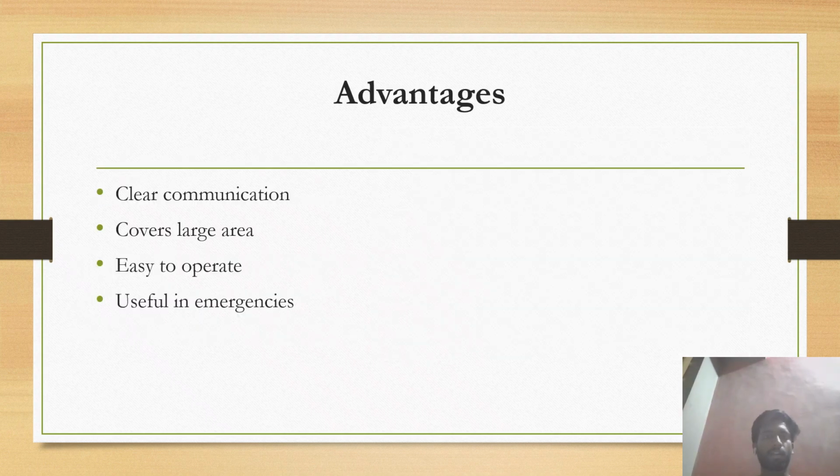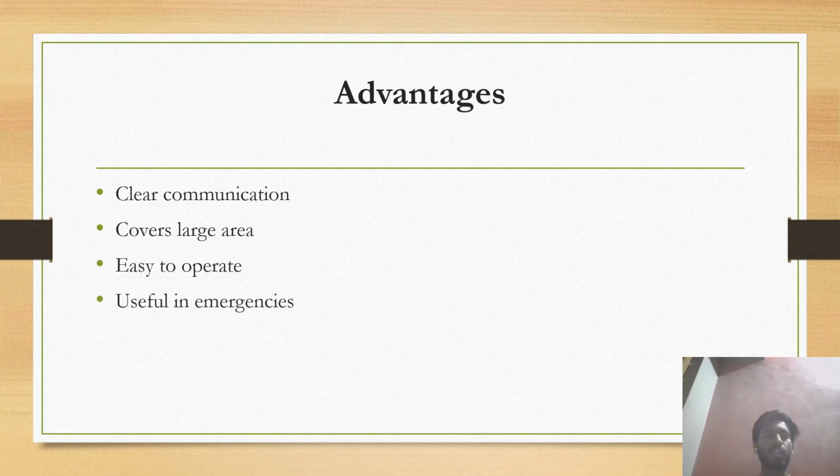Let us see the advantages of the PA system. There are so many advantages. Clear communication. That means if we have a large number of students in a classroom and only 1 hour to give the lecture, some of the students sitting at the back cannot hear. That problem is reduced by using a PA system.